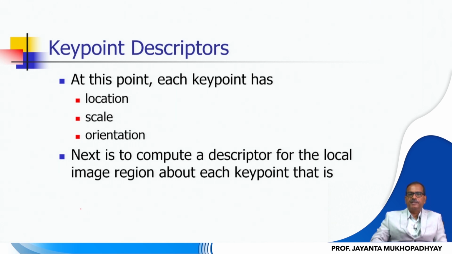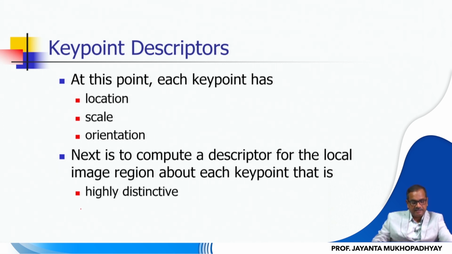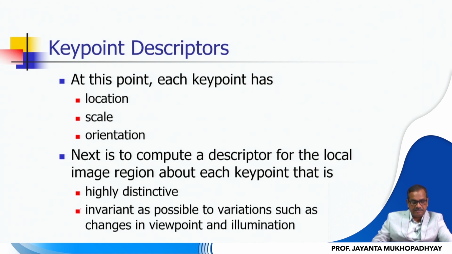So, for key point descriptors, each key point has a location, scale and orientation. Next is to compute a descriptor for the local image region about each key point that is highly distinctive and also as invariant as possible to variations such as changes in viewpoint and illumination.